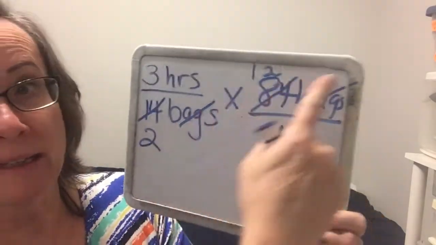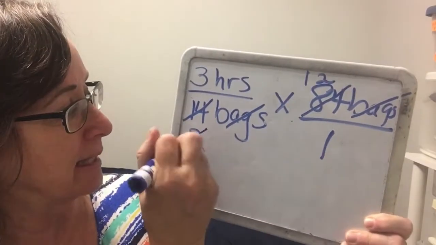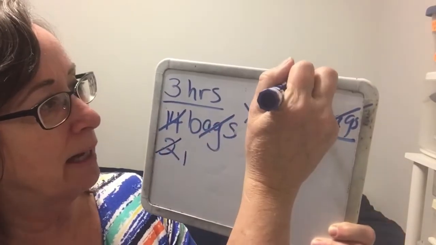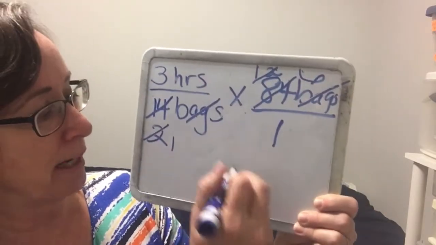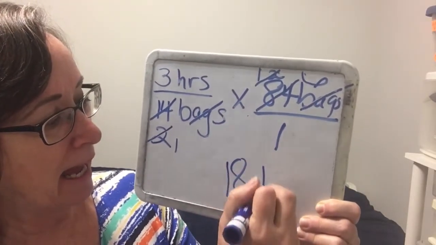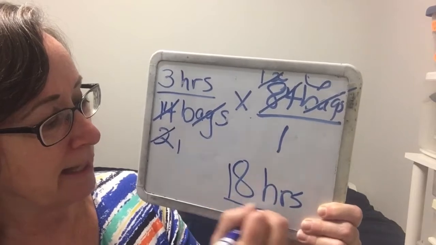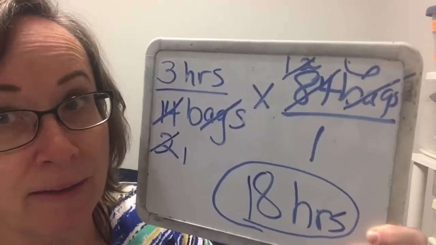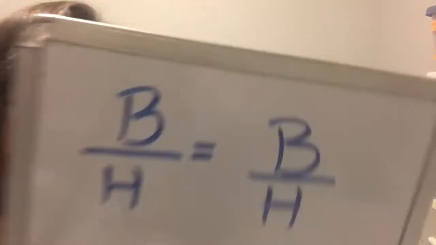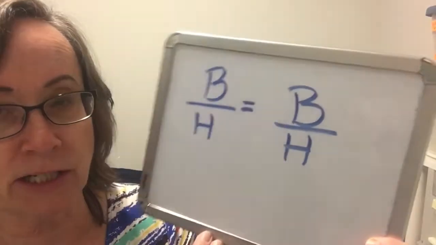So now, yes, there was a 14 in both because this can go on down to 1 and 6. So now I have 6 times 3, or 18 hours, is how long it's going to take me to fill 84 bags. Now, the other way that I could do it is use my ratio.